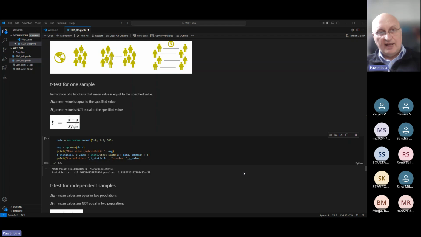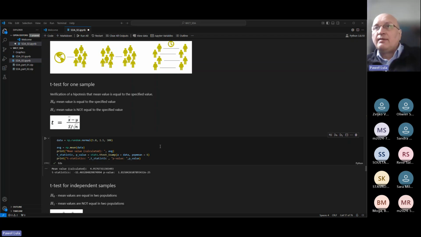We should have sample data, calculate some statistics, and calculate the p-value, and compare this p-value with the significance level. If the p-value is smaller than the significance level, then we should reject the zero hypothesis. If the p-value is not smaller than the significance level, we have no reasons to reject the zero hypothesis.